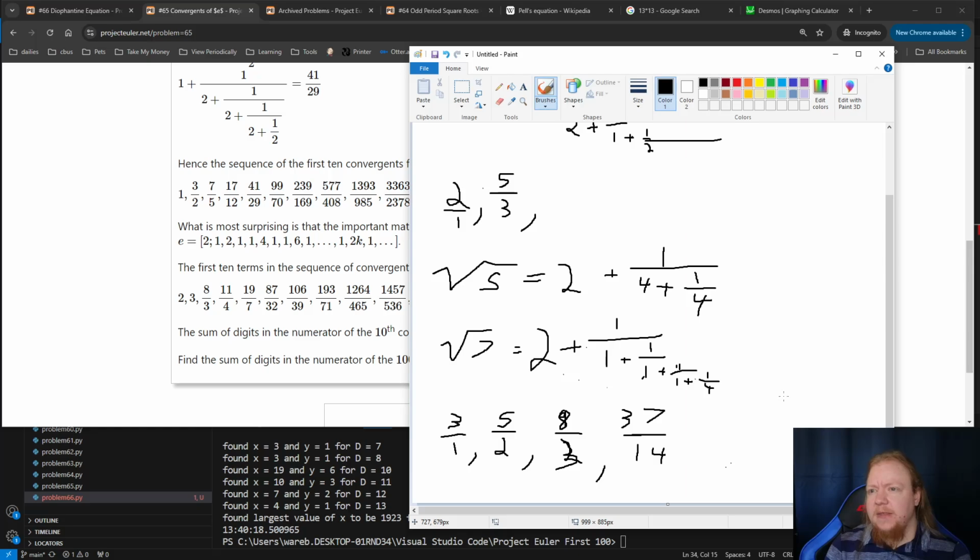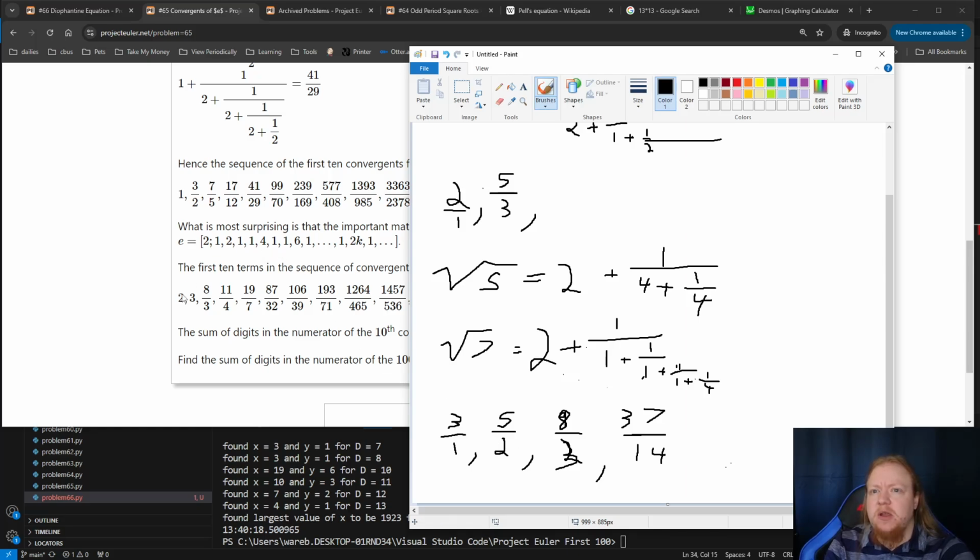So I think that's how this is going to end up working. Each new convergent fraction is multiplied by whatever the next number in this period sequence is, and then added to the fraction that's previous.